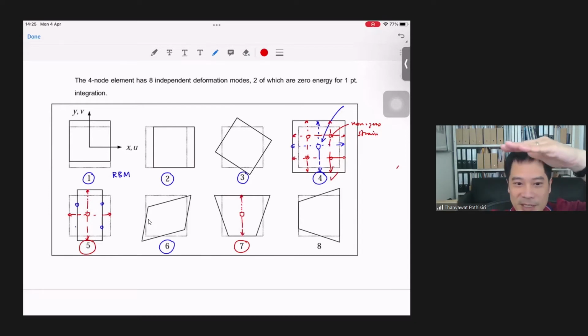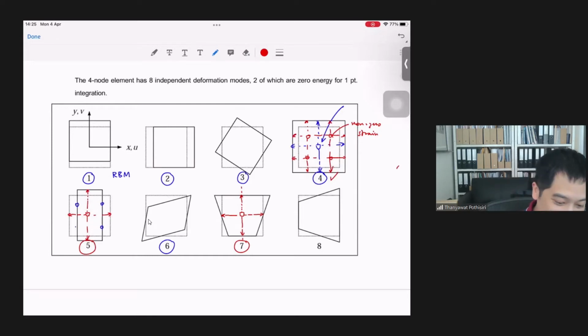Because there's no deformation in this particular location right here. Also, if you look at this particular location, there's no strain at that location in x direction as well. So it means that in this case, if you use 1-point rule, then you get zero strain, right?